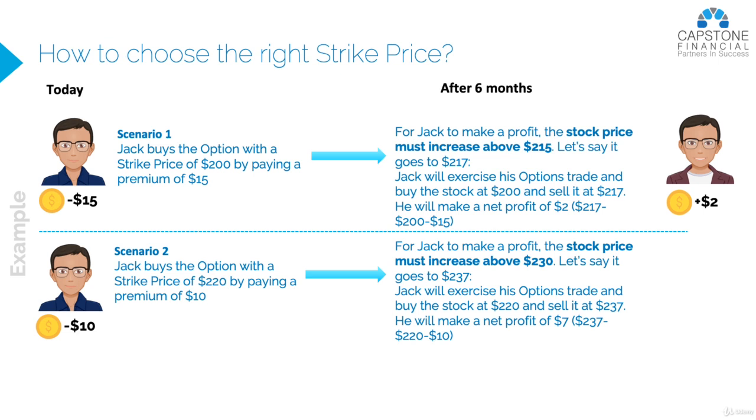You may pick the correct strike price and allow your emotional response to make the wrong decision. If you pick the wrong strike price, the same thing may happen. So we really want to make sure that the strike price we are selecting corresponds with what the market is doing today and what we think the market will be doing in the future.